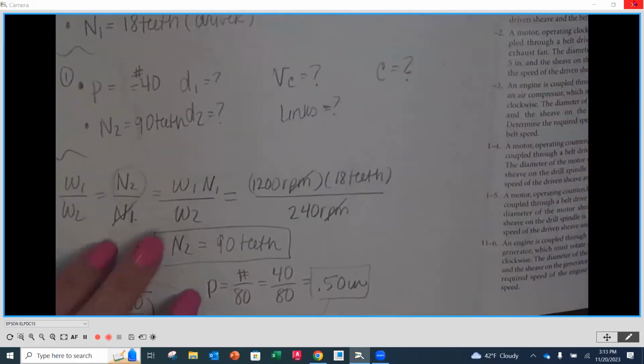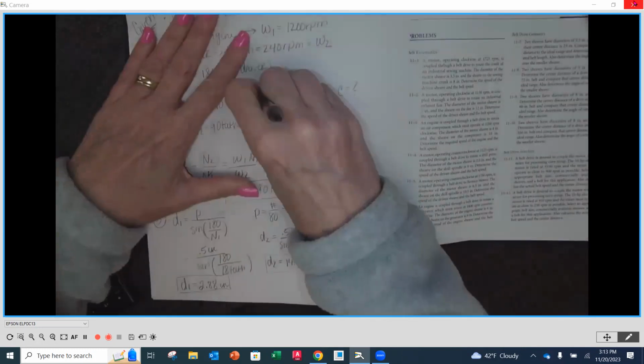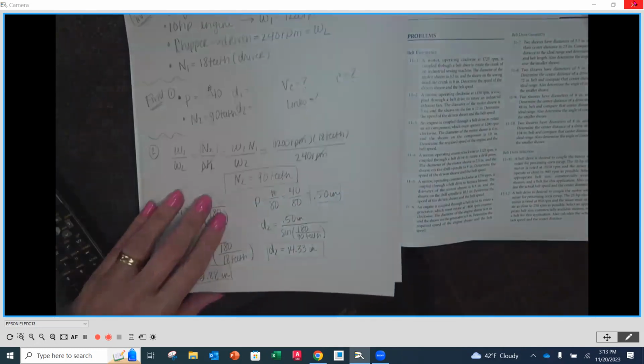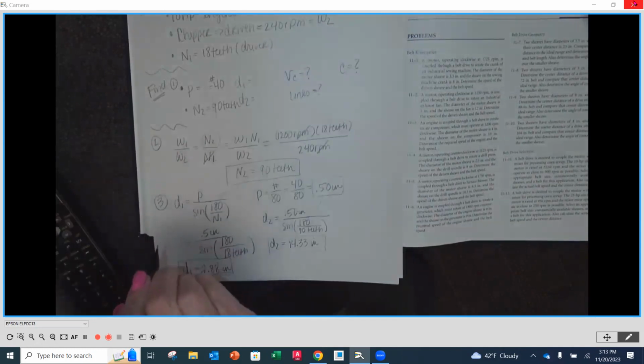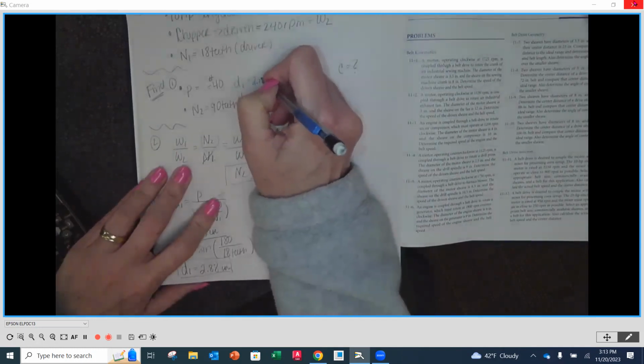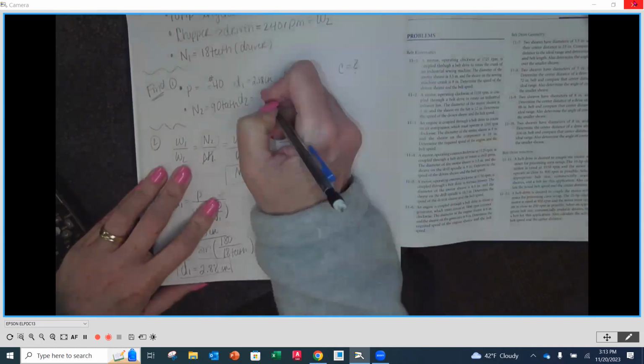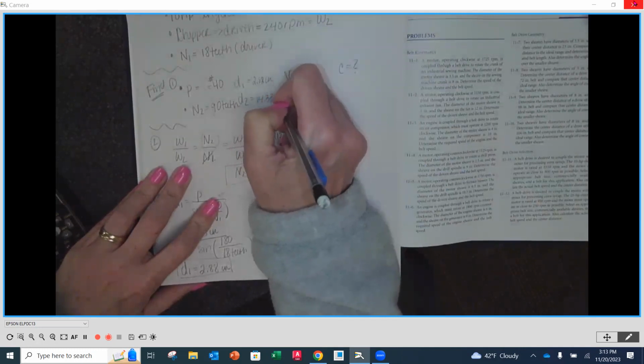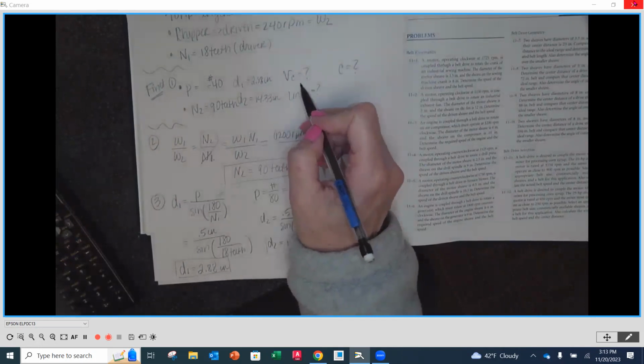So now we are ready. Let's go back to what we already have done. Now we know our pitch diameters of numbers 1 and 2. This is going to be 2.88 inches, and this one's going to be 14.33 inches. Now we need our chain speed.